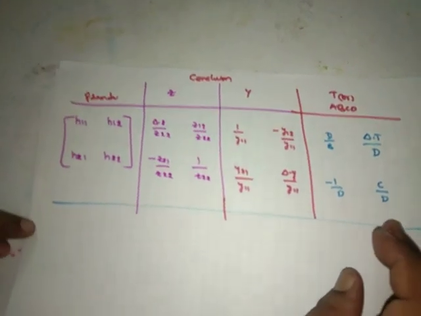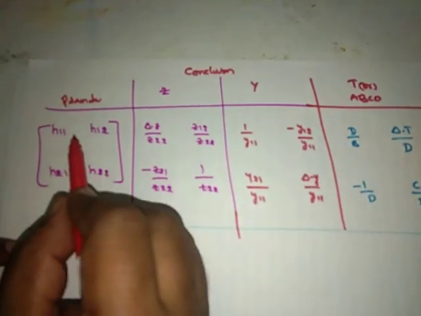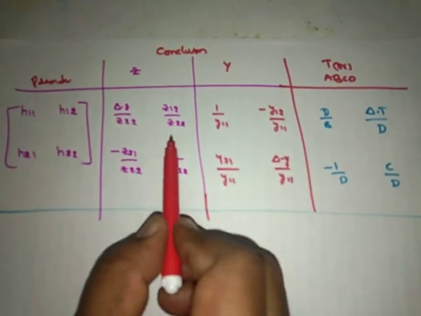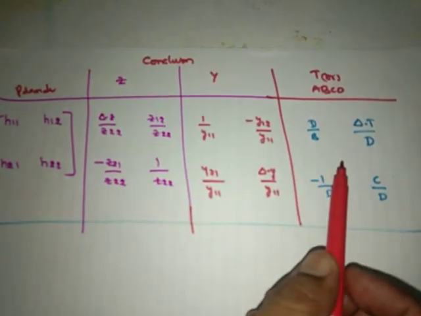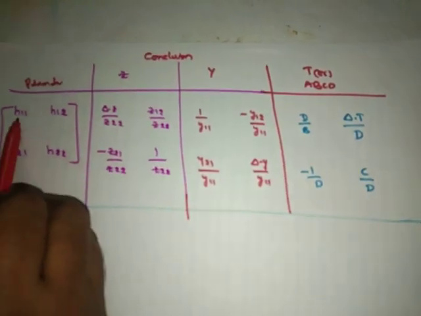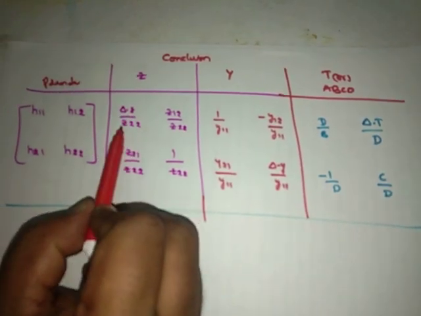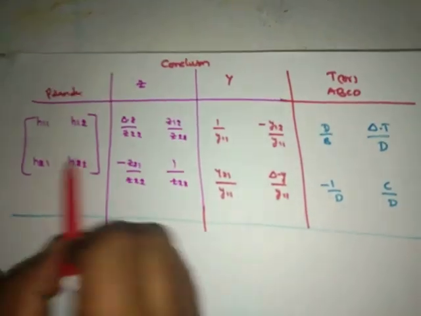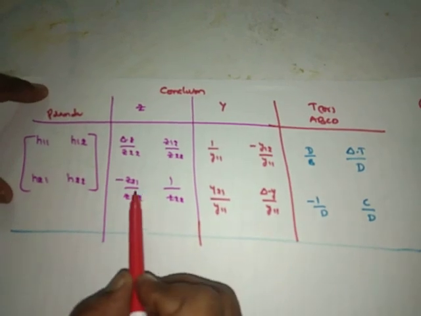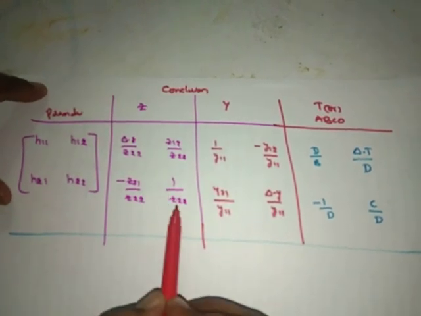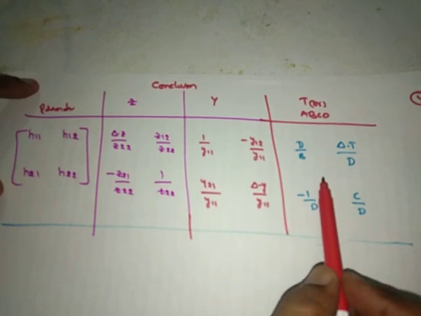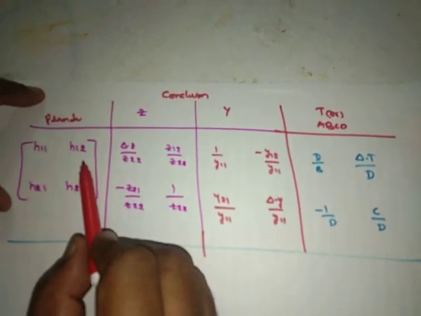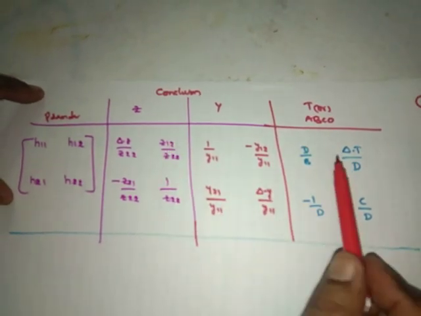Now here final conclusion is, H parameter is expressed in terms of Z, Y and ABCD parameters. Now H11 is equal to, in terms of Z, determinant of Z by Z22. H12 is equal to Z12 by Z22. H21 is equal to minus Z21 by Z22. H22 is equal to 1 by Z22. Similarly here all this we are converting H parameters or expressing H parameters in terms of remaining 3 parameters.